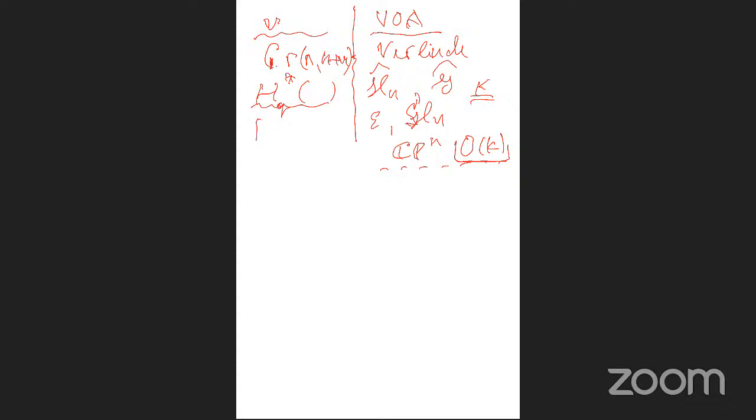So first the Verlinde algebra is here, and it looks like a completely different construction from this.